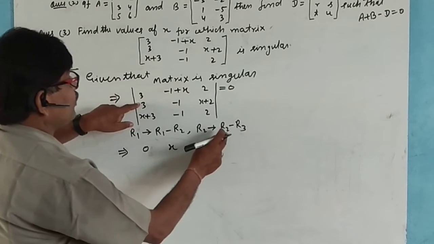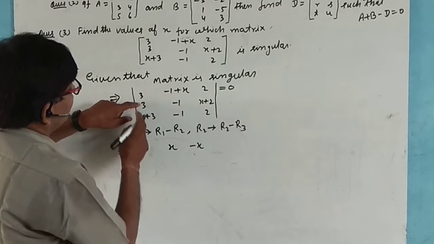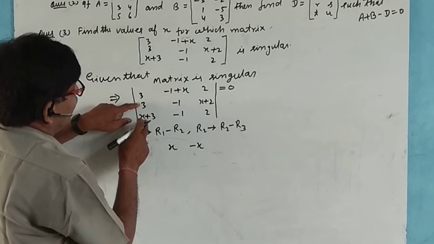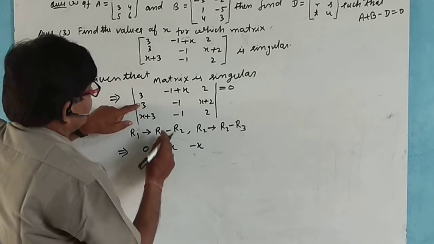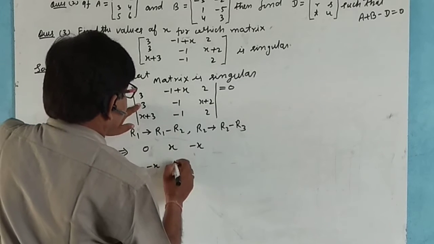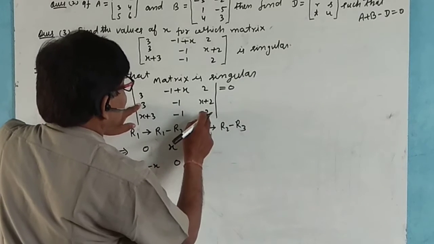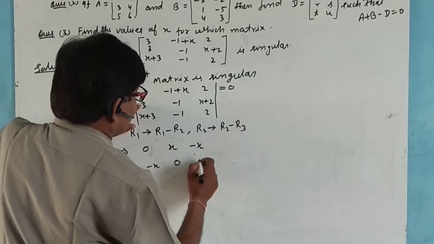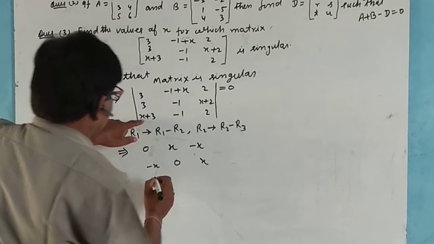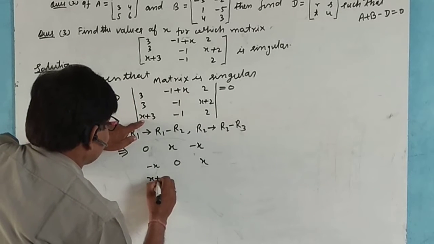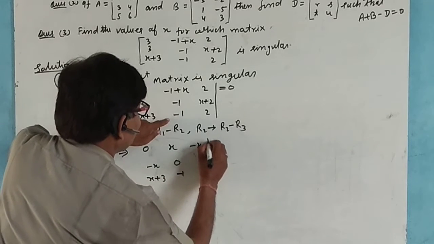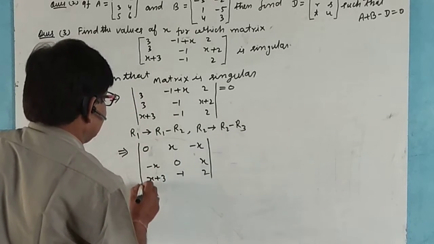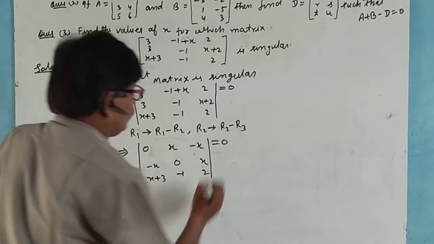This R2 replaced by R2 minus R3, 3 cancels, minus x. Here this minus this is 0. This minus this, so only x remains, and this is unchanged, x plus 3, minus 1 and 2. The determinant is equal to 0.